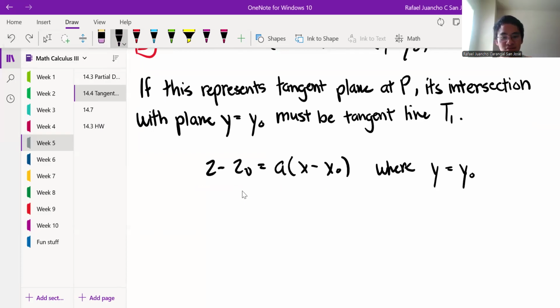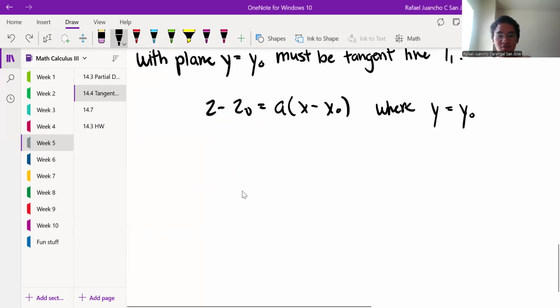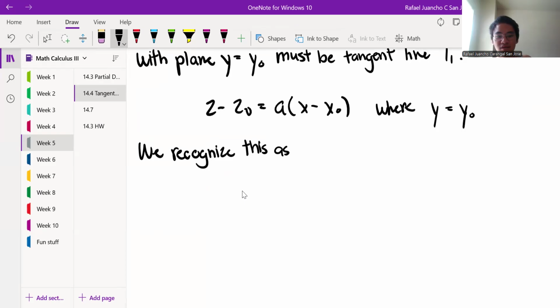And what does that tell us? Well, this is actually an equation in point-slope form. So it is a line. If we think about it, this is a line. And it has slope A, right? So here we actually recognize this form as point-slope form of a line.